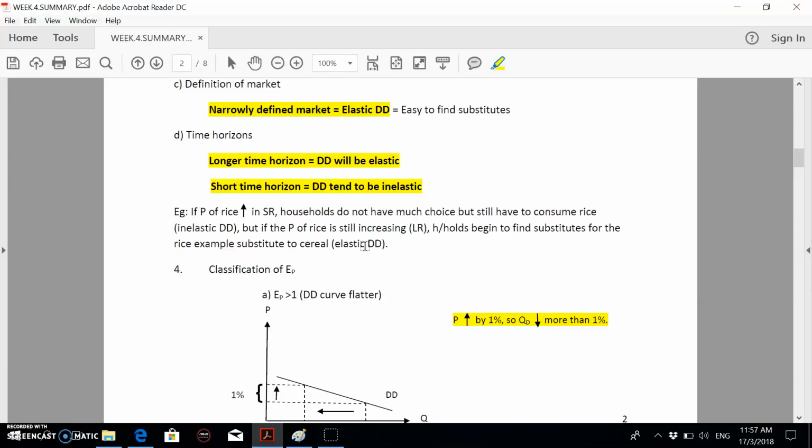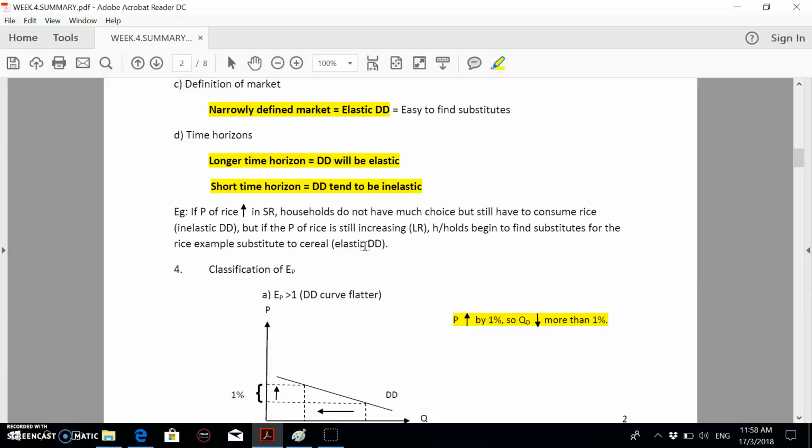As a rational consumer, you don't have any choice but to consume rice. So in the short term, your demand will be inelastic, because with a 1% increase in price, your quantity demanded of rice will fall by a smaller percentage than the price increase.